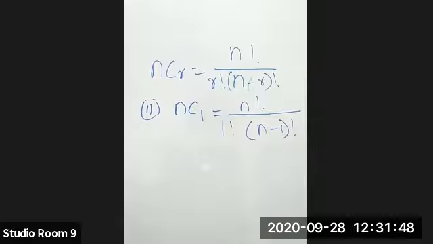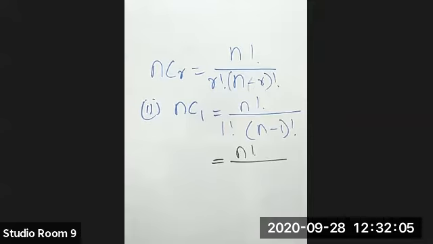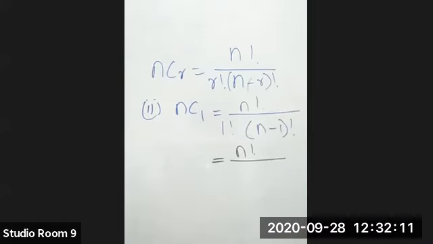Annette, can you give the answer? What is NC1? N factorial by 1 factorial into 0 factorial. How 0? Children, can you see the board? What I'm writing on the board, is it okay? Yes, ma'am.